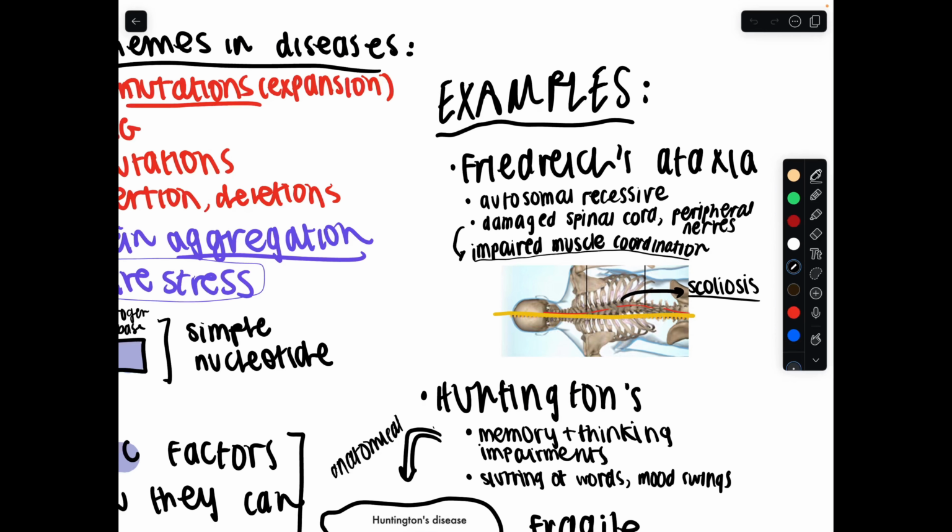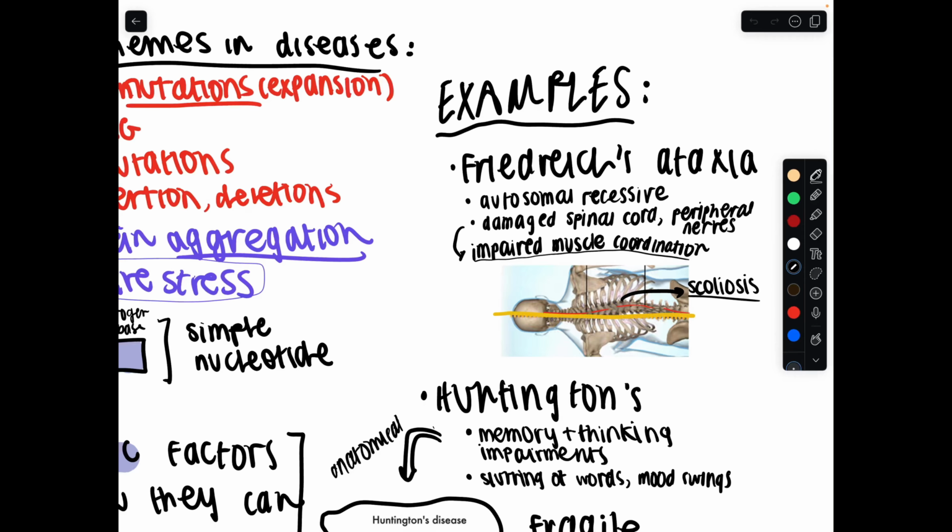First off, we have Friedreich's ataxia, which occurs due to a mutation in the FXN gene that results in muscle weakness, loss of control to movement, which is essentially the definition of ataxia, and then additionally some other various neurological symptoms.